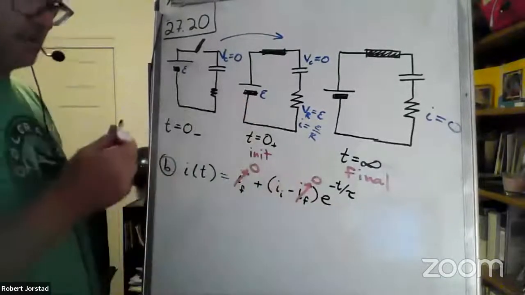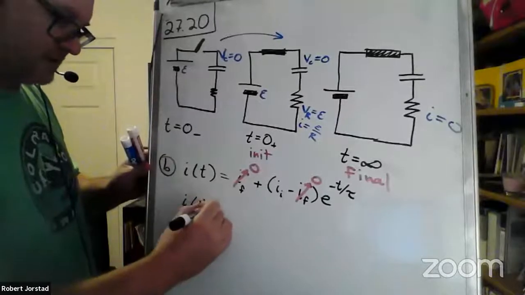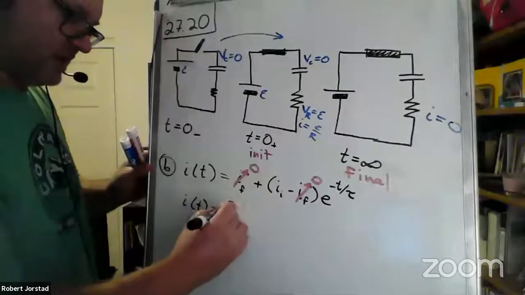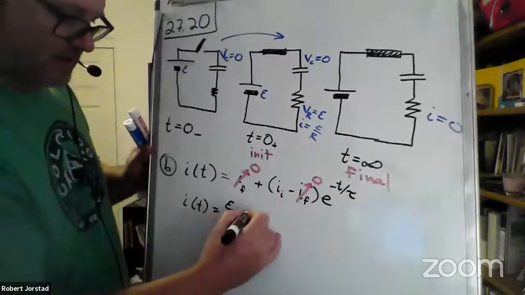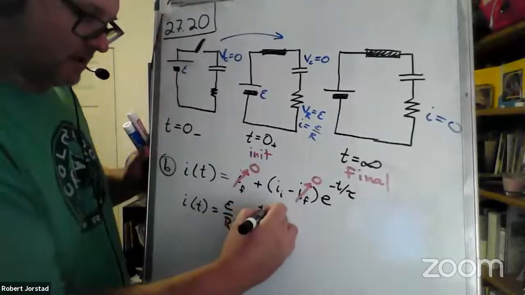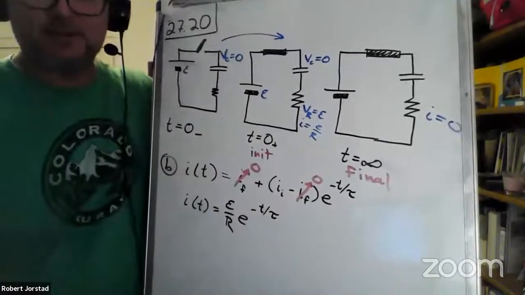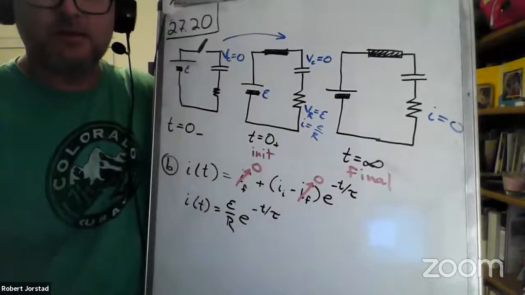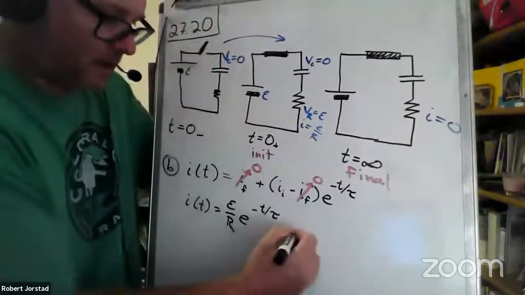The initial is going to be E over R. So I as a function of time is equal to E over R times e to the negative t over tau. What is tau in this case? RC. Say again. RC. RC, excellent.